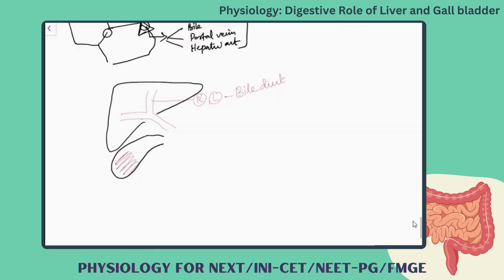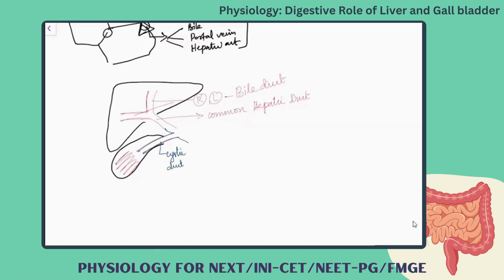From the liver, the right and the left bile duct come out and form the common hepatic duct. From the gallbladder, you get the duct that you call the cystic duct.